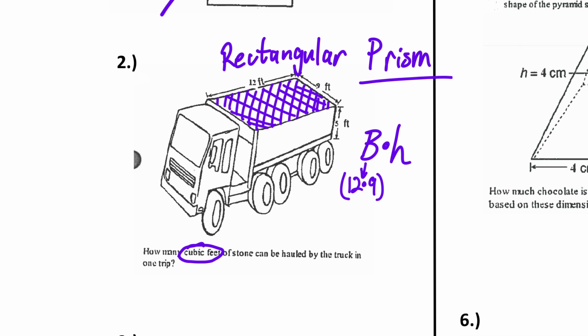It's 5. So basically it's just 12 times 9 times 5. Volume of a rectangular prism is just length times width times height. Which is what? 540 cubic feet. Yep.